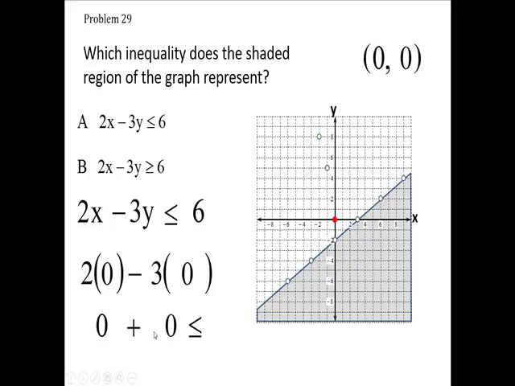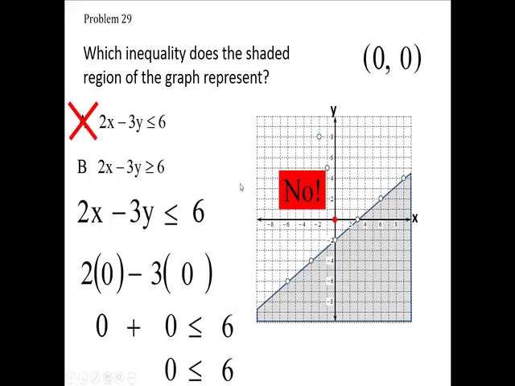Is 0 here less than 6? Well, yes, it is. But it shouldn't be. The origin shouldn't work, but it does. We're going to have to eliminate this one because it shouldn't have worked.